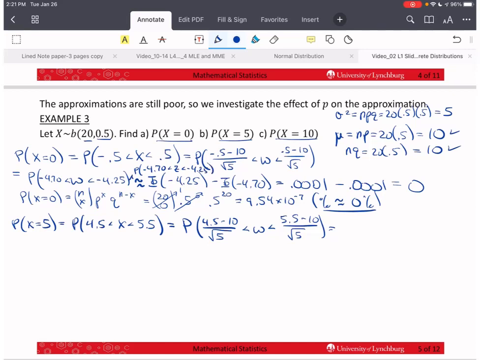So now we're going to do the wrong thing. We're going to do an approximation. Approximately, no, not yet. Sorry, we do have an equal sign. So this is going to be, for 10, a 0.22, a negative 0.22 and a positive 0.22.